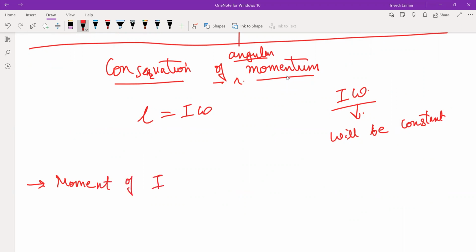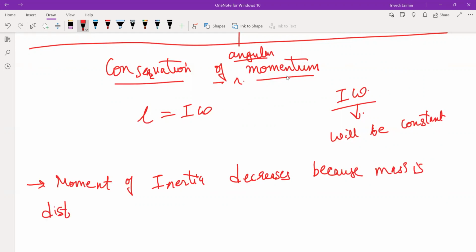Moment of inertia decreases, because mass is distributed farther from the axis.